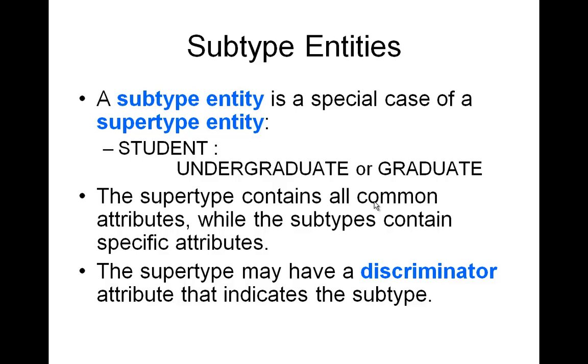The supertype may have a discriminator attribute that indicates the subtype. So under the student as a supertype entity, we can include one of the attributes as undergraduate or graduate to indicate the subtype entity and to connect to the attributes of undergraduate.